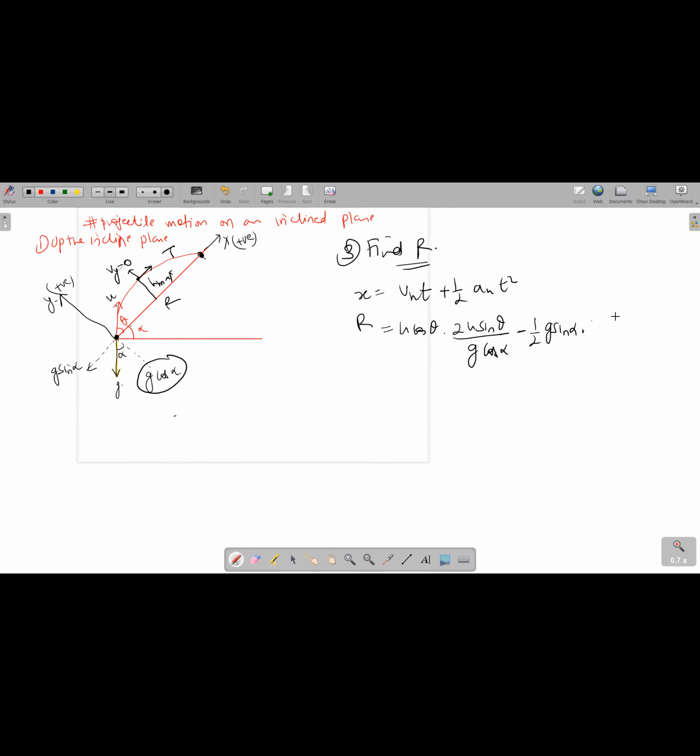You have to square it: 4u squared sin squared theta upon g squared cos squared alpha. Okay?